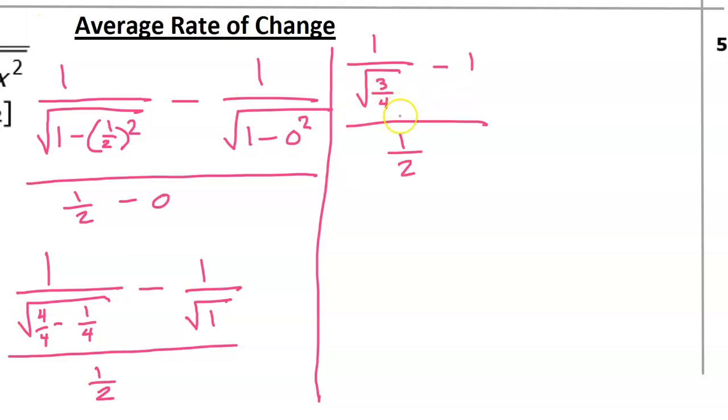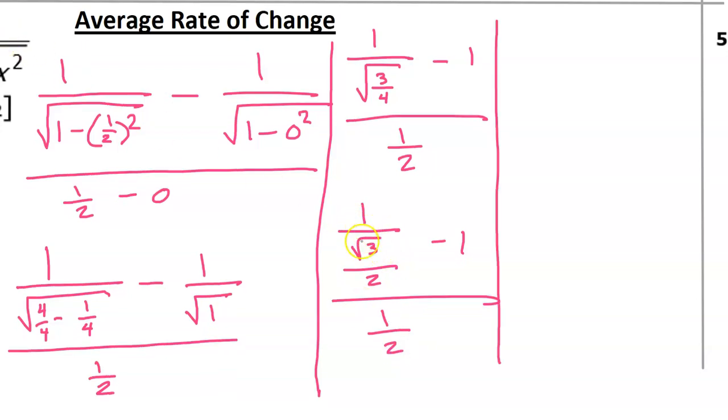So now I have this. The square root of 3/4 is the same thing as the square root of 3 divided by 2. I'm just taking the square root of the numerator and the denominator separately, and the square root of 4 is 2. So I have this, still have this -1 floating around out here, and the 1/2.